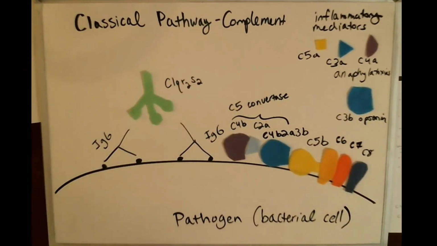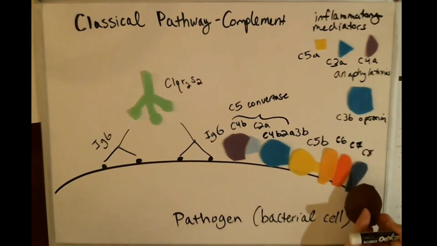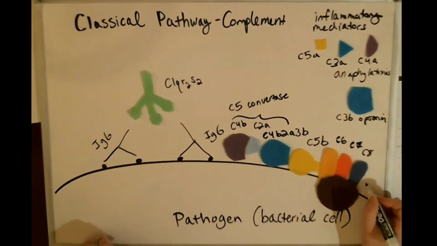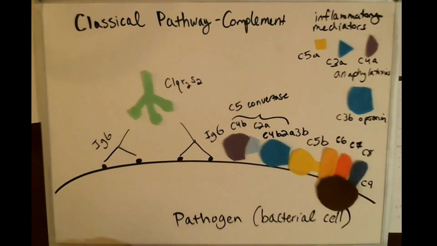And then somewhere between 10 to 19 copies of a protein that we call C9 will also embed itself. And the C9 protein embeds itself in a barrel-like structure, so it forms a cylindrical hole or pore through the pathogen membrane or the bacterial cell membrane.